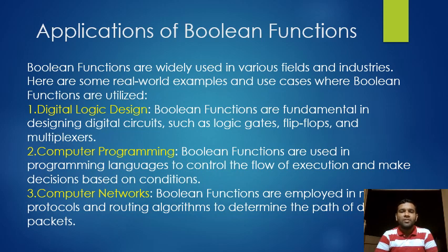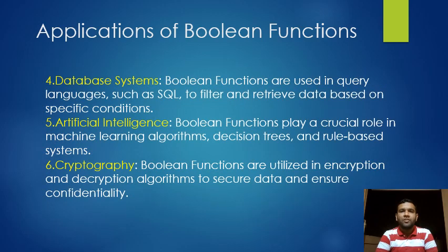These Boolean functions are required in those network protocols and those algorithms. So this determines the path of data packets, in which way the data is flowing or how much data is being used in the network. Not just three, let us look at a few more applications of Boolean functions.